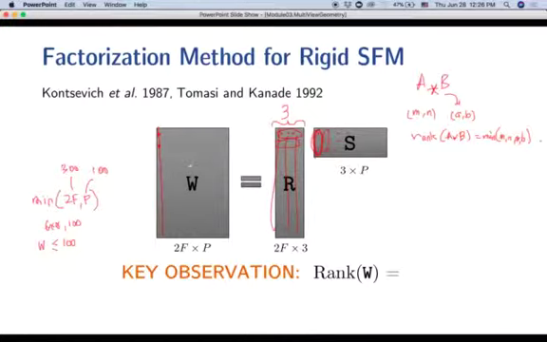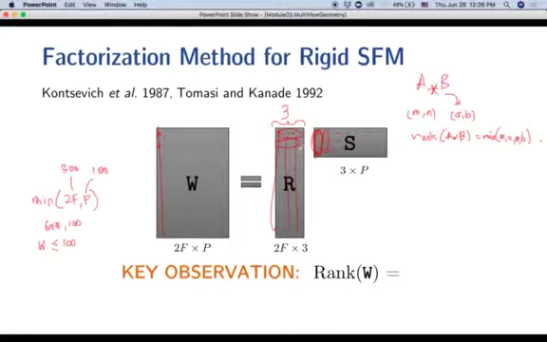So every column of W is really a linear combination of 3 columns of R. And so the rank of W can be no more than 3. If my model is correct, the rank of W can be no more than 3. Think of R as just having 3 columns and S is just mixing those 3 columns in some weight ratio to create columns of W.